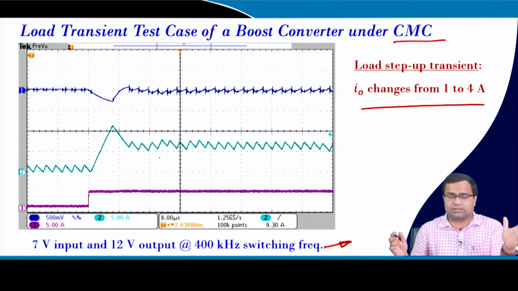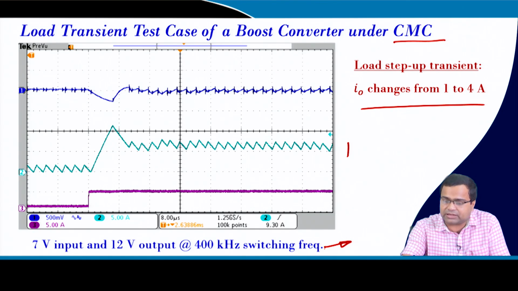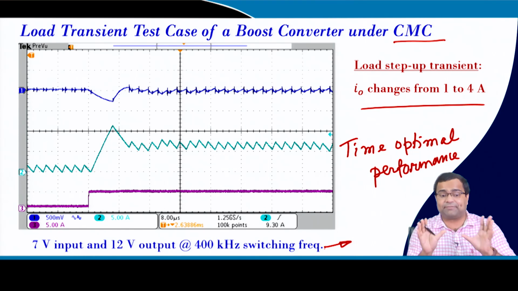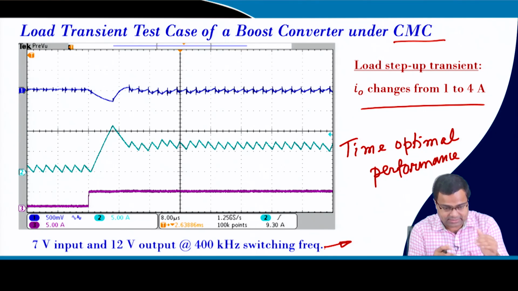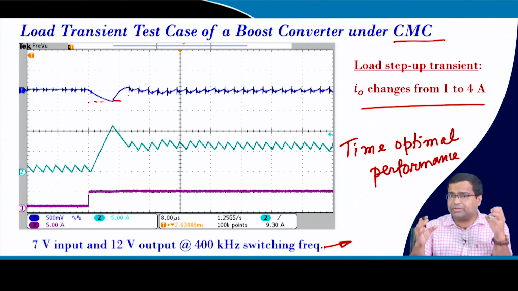This is the fastest performance that you can achieve, and this is also known as time optimal control performance. Your response time is the fastest; you cannot get anything better than this. But yes, this also comes with a price: your undershoot is large, this is a non-minimum phase.